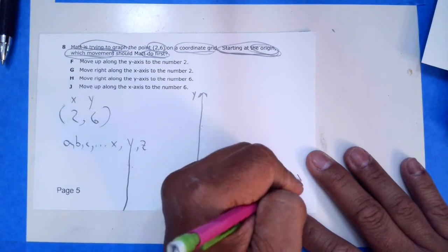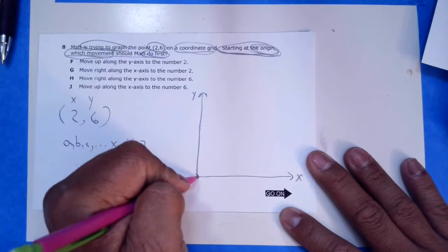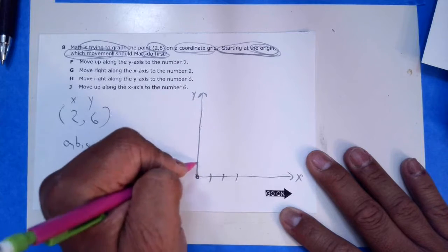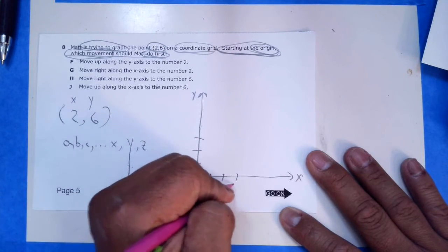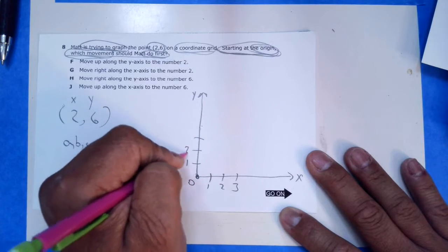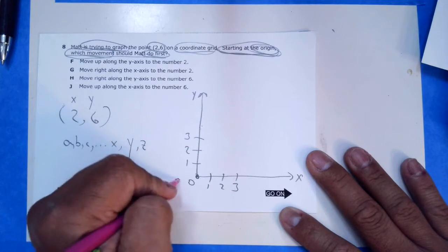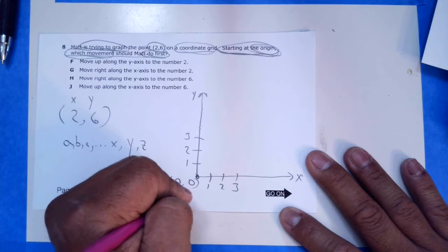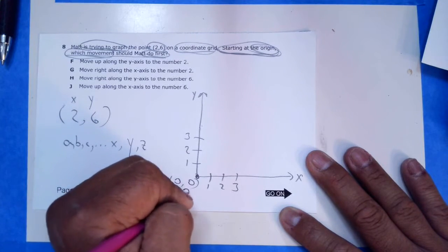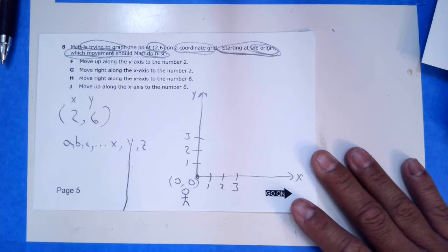Here's my X-axis. I'm just going to put a few numbers just to start it off. This is 0, 1, 2, 3, 0, 1, 2, 3. This is my origin, (0, 0). Your little person is right here at the origin.